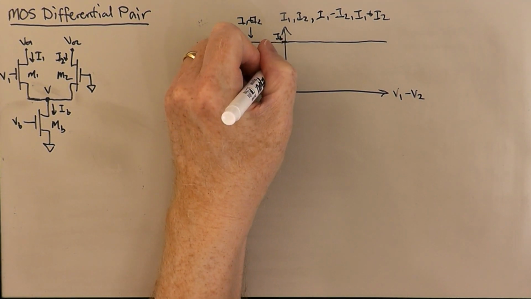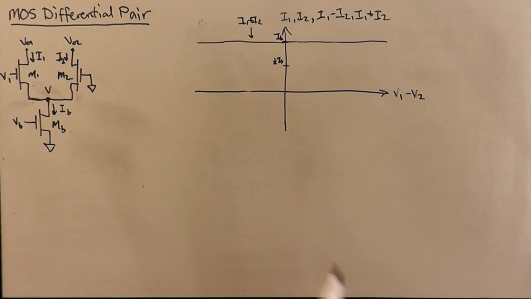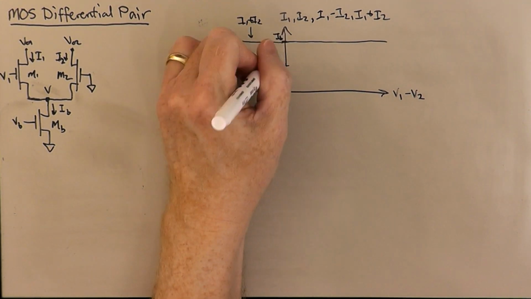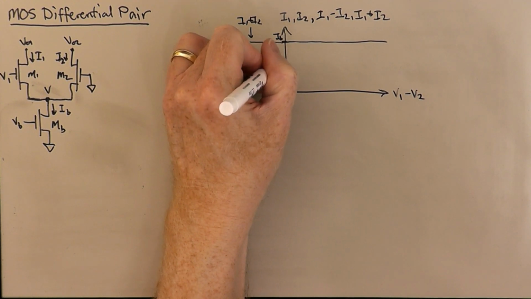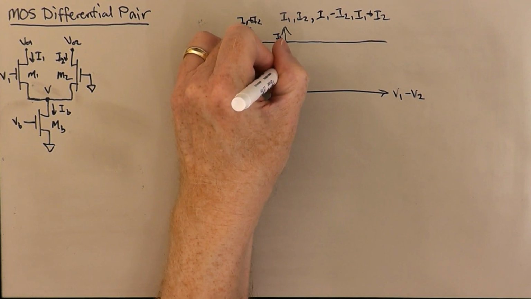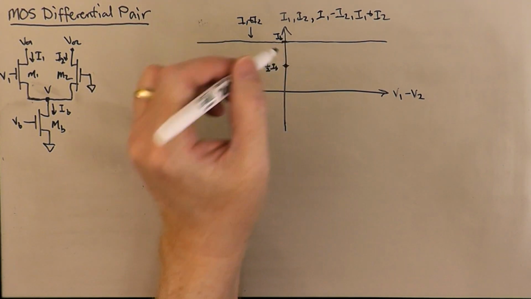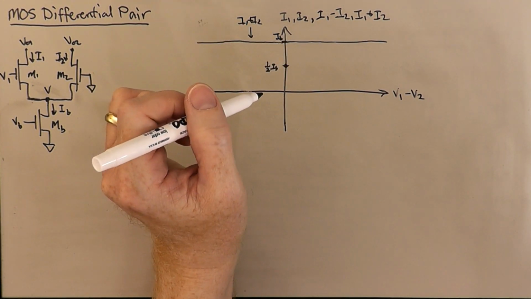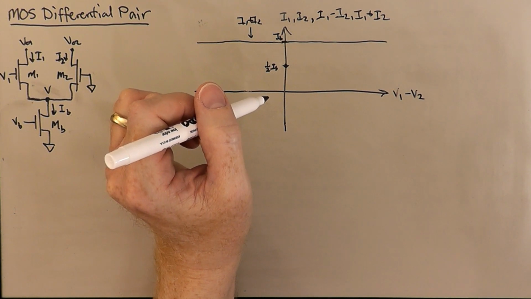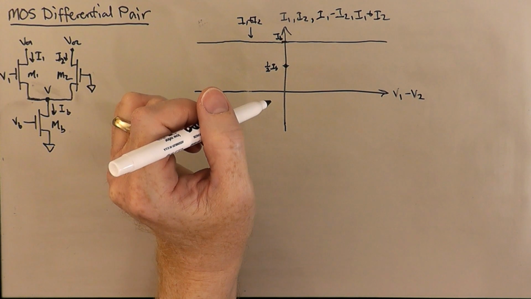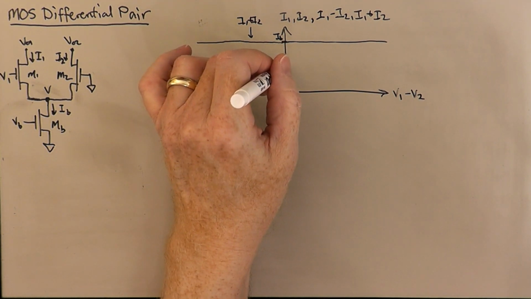This will be half of IB right there. We know that I1 and I2 are both half IB at this point. We figured out that when V1 equals V2, which means V1 minus V2 is equal to 0, both of those currents pass through this point.